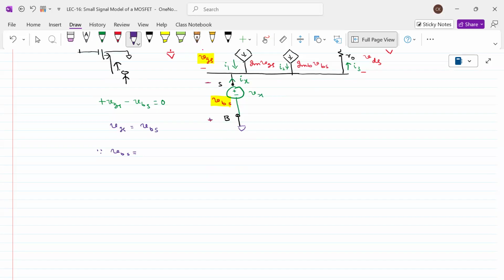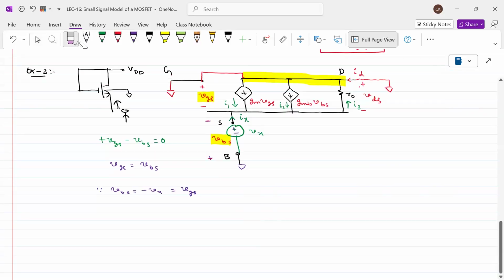We applied positive here, negative here. What you will get here is minus Vx. Therefore VGS and VBS can be replaced with minus Vx. Getting this point? Now simply we can remove this particular portion and place it as minus Vx.